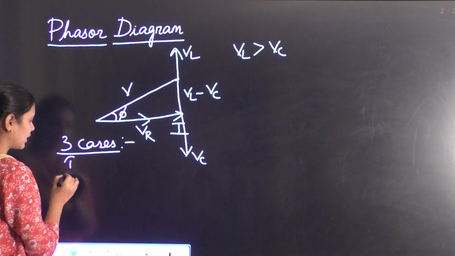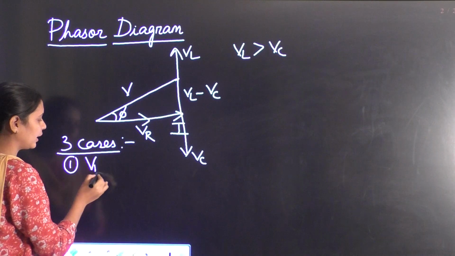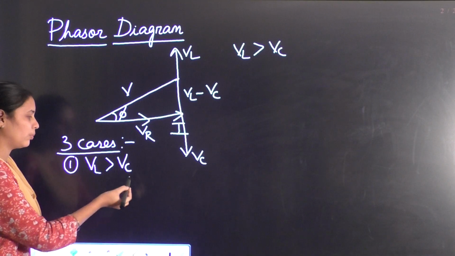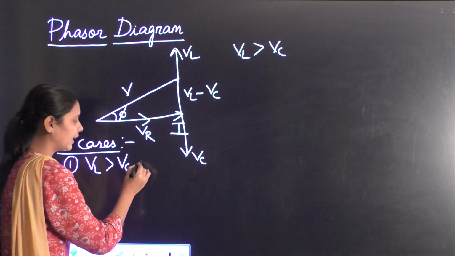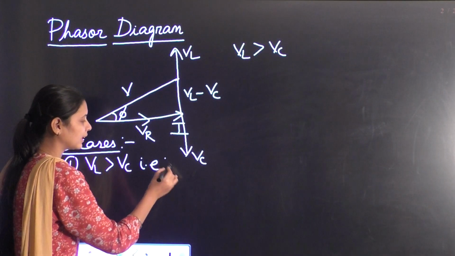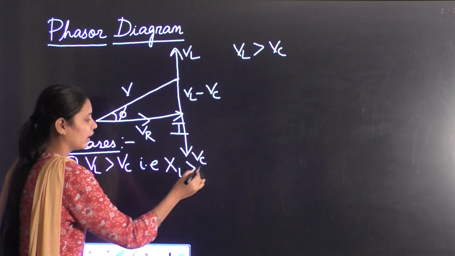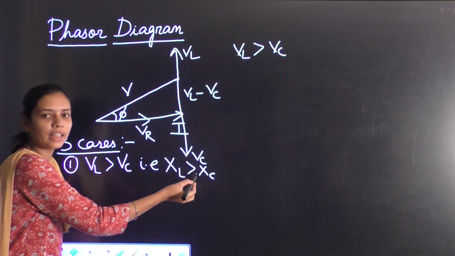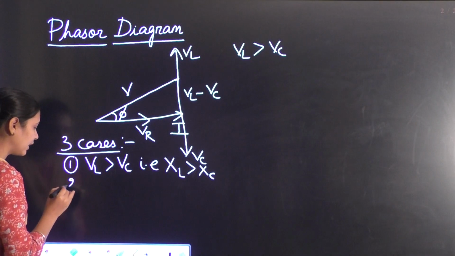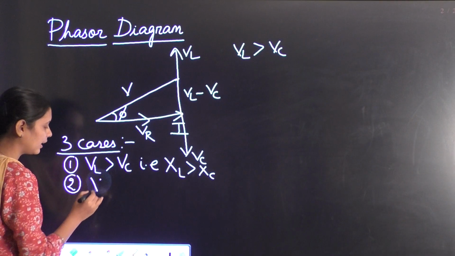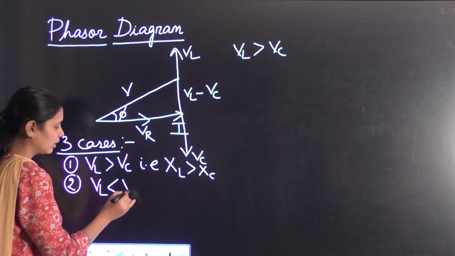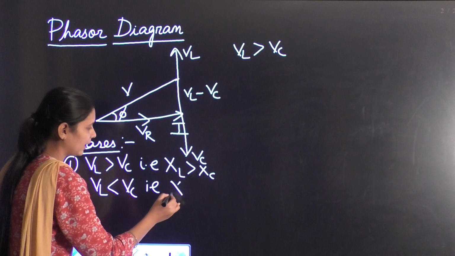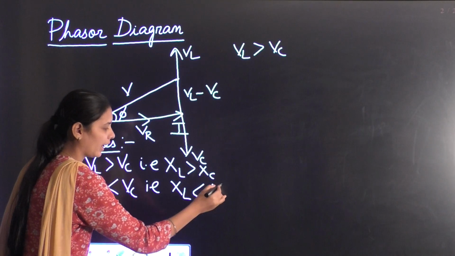The first case is whenever VL is greater than VC. At that time XL is greater than XC, meaning the inductive reactance is greater than the capacitive reactance. The second case is VL less than VC, which implies that XL will be less than XC.